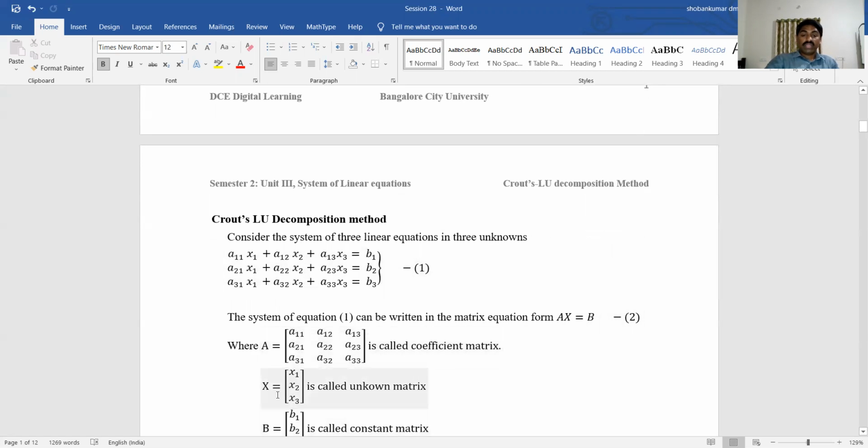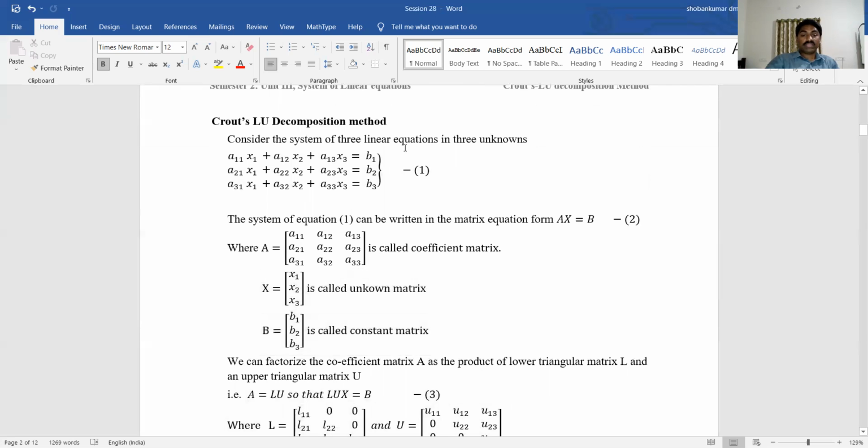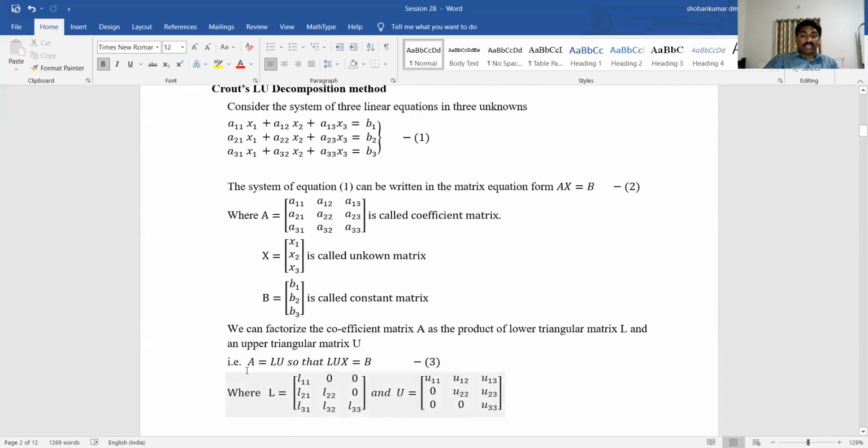And X is the three unknowns X1, X2, X3, and B is the right hand side of the given system, B1, B2, B3. Now we can factorize the coefficient matrix A as the product of a lower triangular matrix L and an upper triangular matrix U. That is, A is equal to LU.